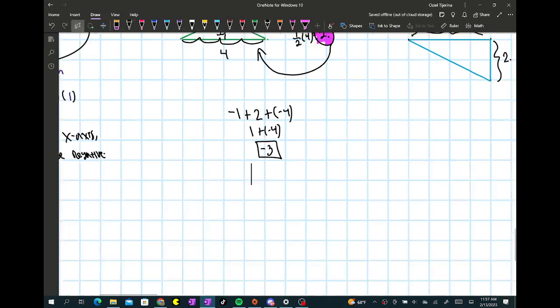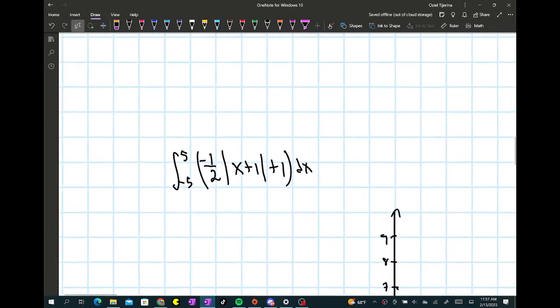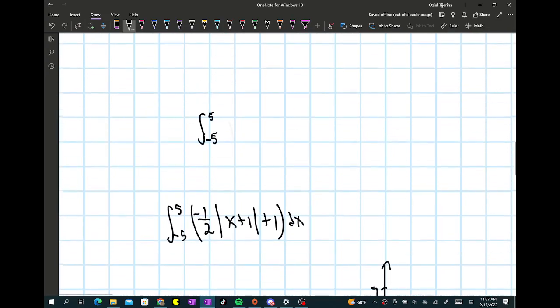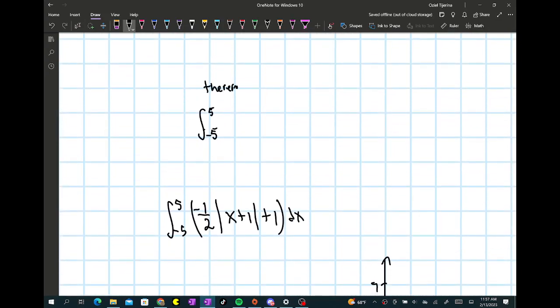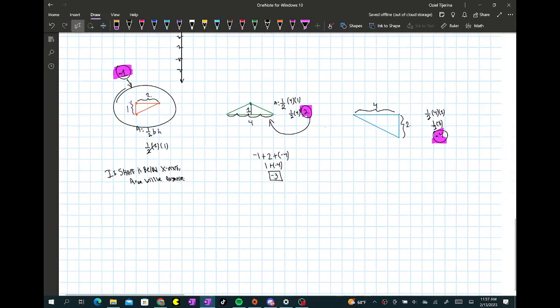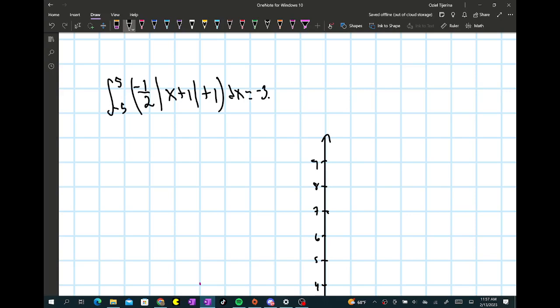So your area is -3 for this example. Therefore, the integral from -5 to 5 of -1/2 times the absolute value of x plus 1 dx is -3. That is your answer for this problem, guys.